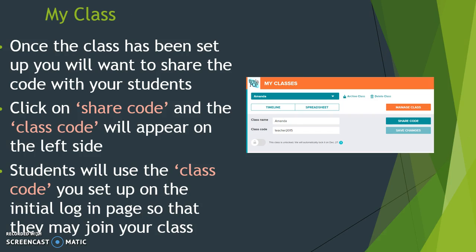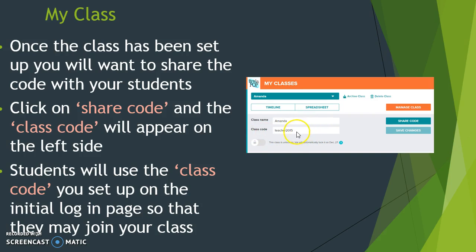So now that you have given your class a code, you're going to share this code with your students. This code will allow your students to join specific classes or your entire roster, however you choose to do it. So you're going to click on Share Code, and the class code will appear on the left side.